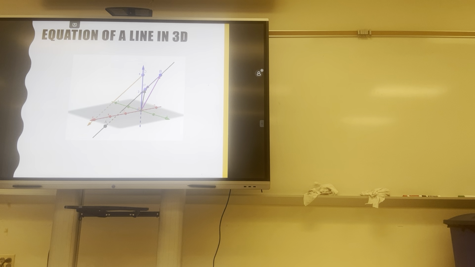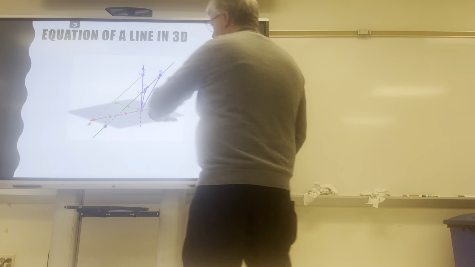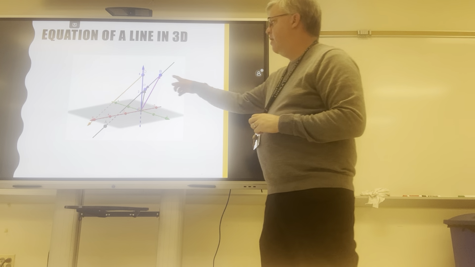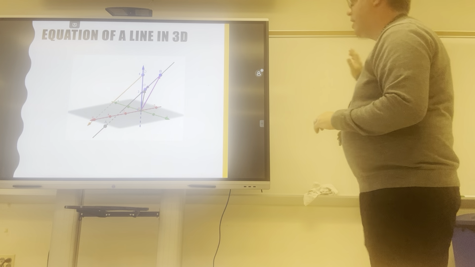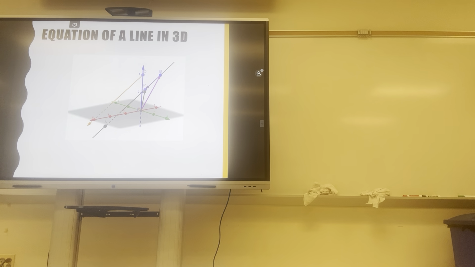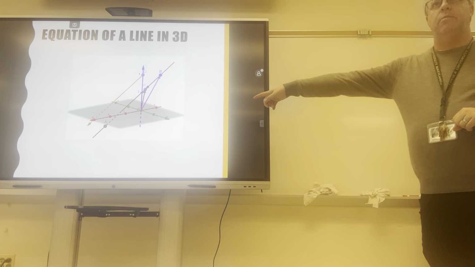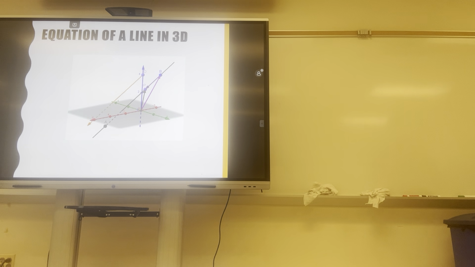All right, so I made this picture in GeoGebra because my 3D drawing skills on the board are not great. But there's a lot going on in this picture, and I want to explain what this is, but I think it's most helpful to explain this if I can make a comparison between what you're used to in 2D and what we do in that case, and how this is going to accomplish the same thing in 3D, okay? So let's start with just the simple 2D.